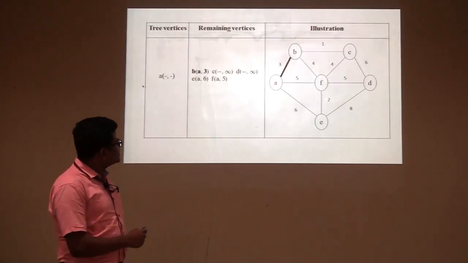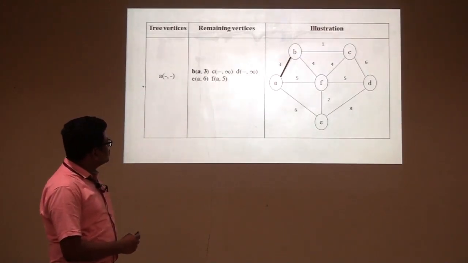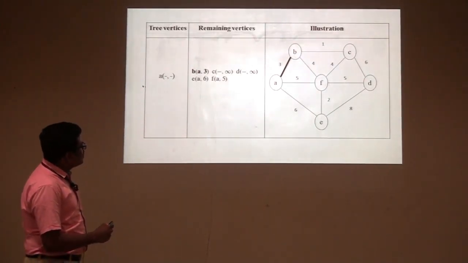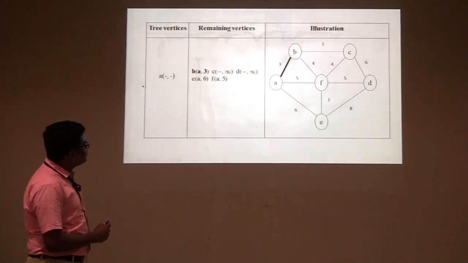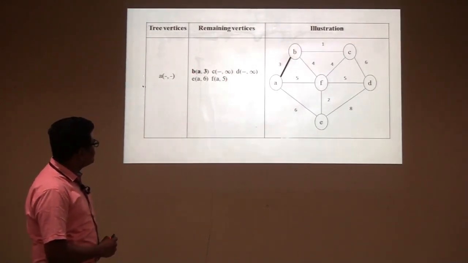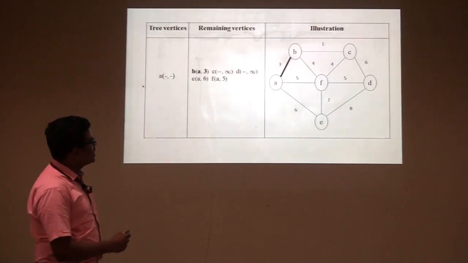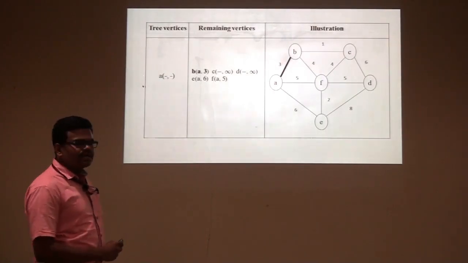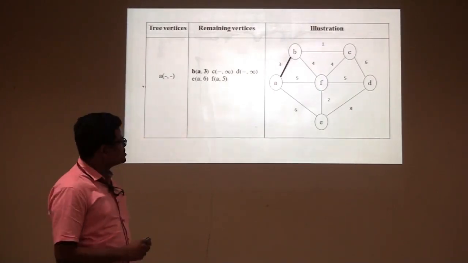From this graph we are going to find which is the smallest cost. A to B is 3, A to E is 6, A to F is 5. So from this the minimum cost is A to B, which is 3. We have highlighted it in the graph as dark.